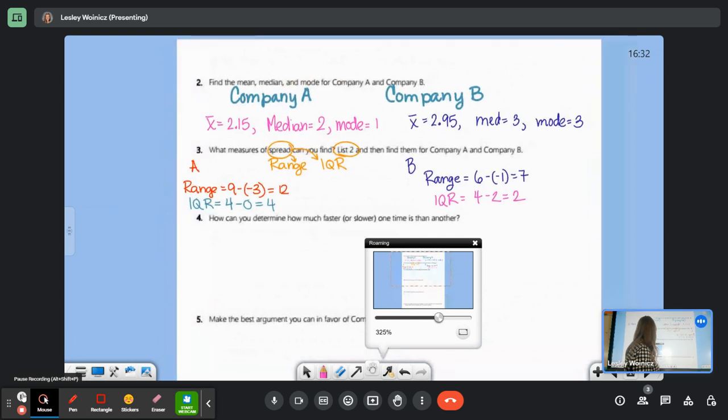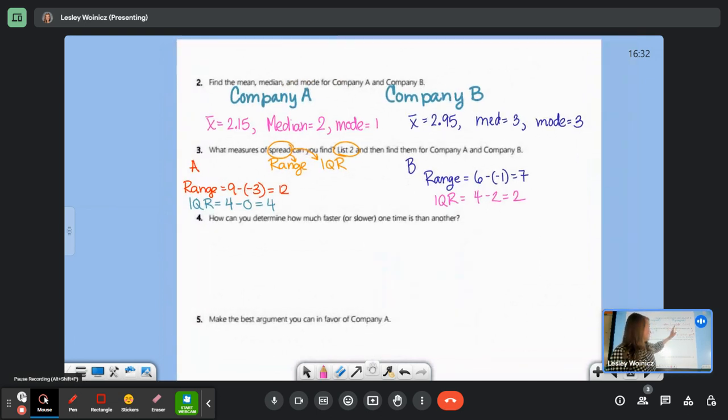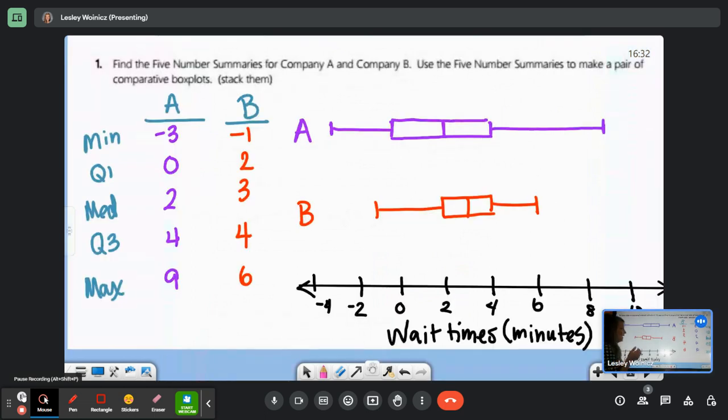If you look at the measures of spread, you can see that company A has rangier data. It's more spread out. If we go back and look at these box plots that we made, there's a lot of variability in the data for company A. Company B is more consistent.